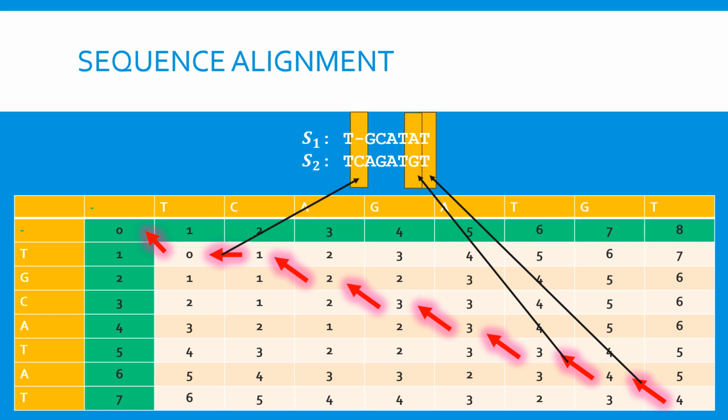For the same reason, we align A and G, the second last letters of both sequences. The second last edit operation is an insertion, which consumes a letter in S2 but without consuming any one from S1. Therefore, we align the letter C from S2 to a gap in S1. As you can see, the alignment is reconstructed in the reverse order alongside the traceback. This is why the reconstructed alignment needs to be reversed before being output.